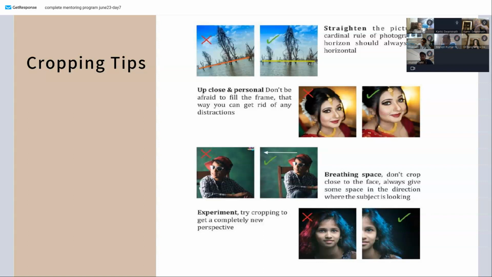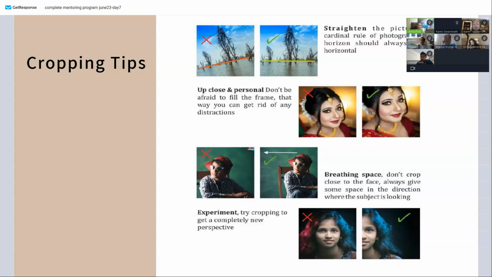Right. So breathing space, we all know. Then experiment. Try cropping to get a completely new perspective. See, the crop is right in between, exactly at the center, cropping half the face and showing half.